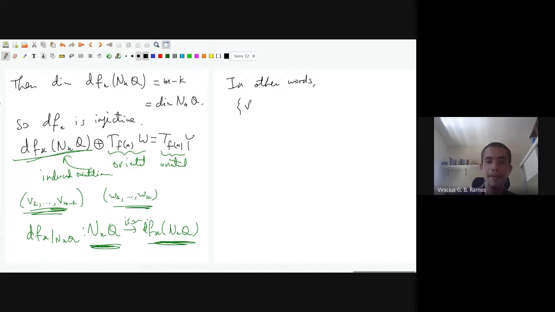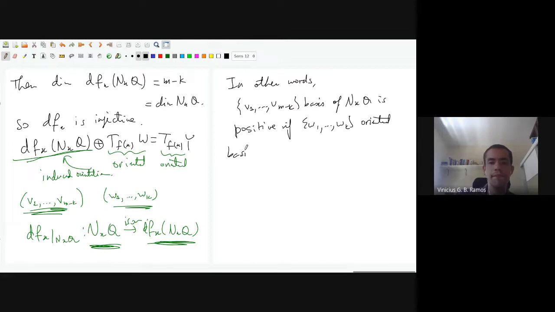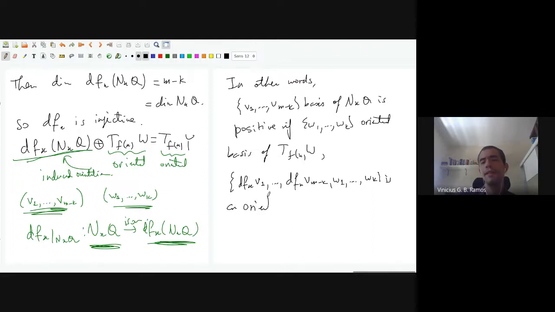If you take v1 through v(m-k), a basis of the normal bundle, it is positive if, when you take an oriented basis w1 through wk of T_x W, then dfx of v1, through dfx of v(m-k), and then w1 through wk is an oriented basis of T_f(x) Y. Okay, so that's it.